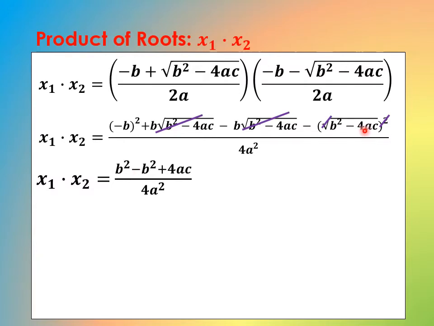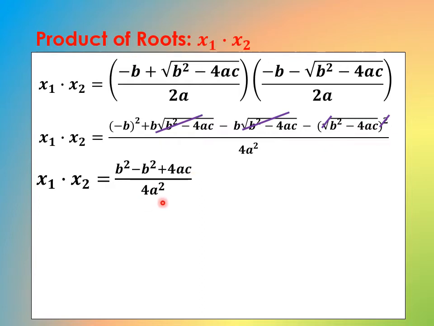And then, dito sa part na to, yung sign na nasa labas ng parenthesis ay imumultiply natin sa lahat ng terms na nasa loob ng parenthesis. So, negative times b squared, kaya naging minus b squared dito. Negative times negative 4ac, kaya naging plus 4ac over 4a squared.